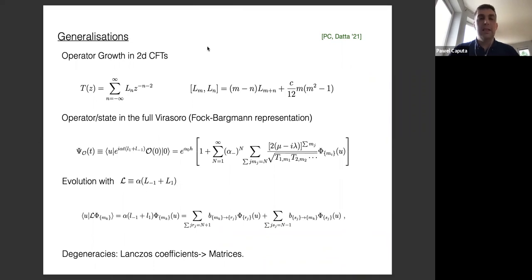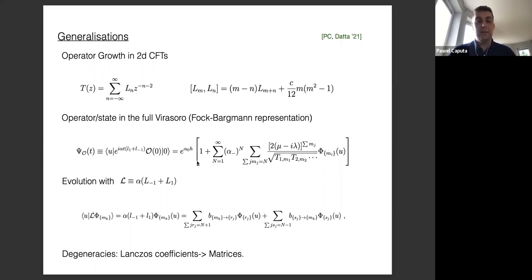In those cases, the symmetry that underlies the model, at least for 2D CFTs, is usually the Virasoro algebra. We have some stress tensor, and the modes of the stress tensor form the Virasoro algebra for a certain central charge c. The coherent states that I talked about here also play a very important role. We can use the so-called Fock-Bargmann representations for these coherent states and represent operator growth in terms of these complicated coherent states in the Virasoro algebra.